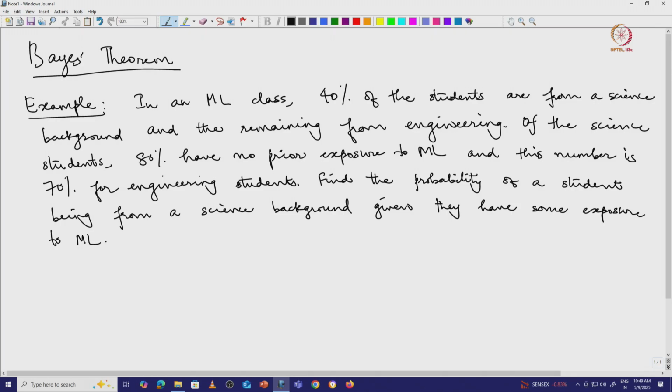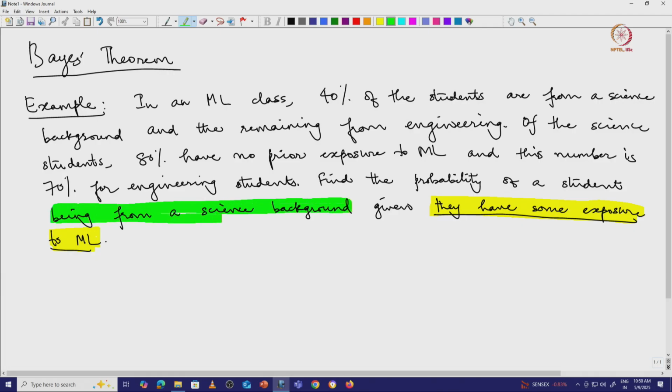So, this is the question we have to look at, and this is a classic case of application of Bayes' theorem, because we have been asked to consider the evidence that they have some exposure to ML. So, that is the evidence. Given a piece of evidence, we are being asked to find the probability that the student is from a science background. So, clearly it is a case of application of Bayes' theorem. Okay. So, let us see how this can be done.